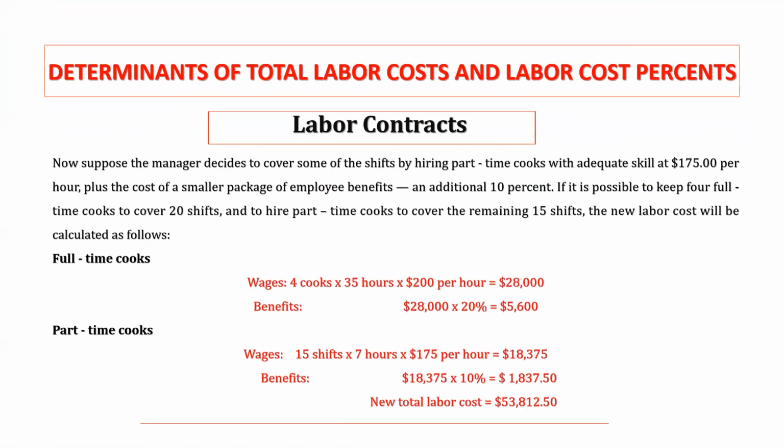And then now, we're going to look at the part-time cooks. So it's 15 shifts that they're going to be working at 7 hours times $75 per hour, and that's $18,325. They get a smaller benefit, which is 10%. So that's 10% of the $18,375, which is $1,837.50.